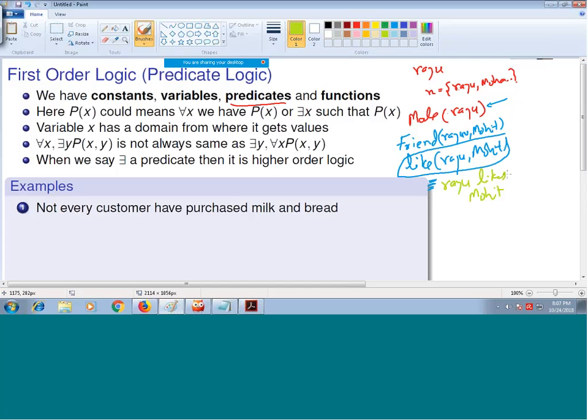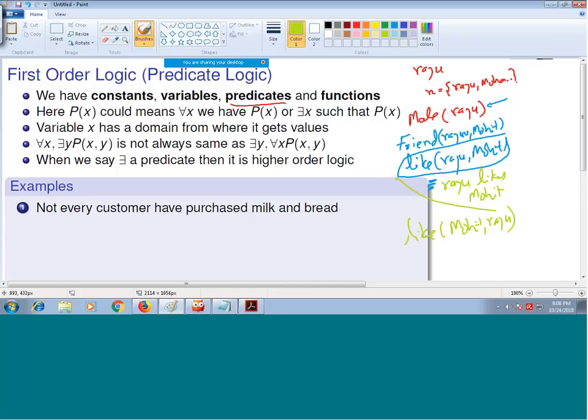Now if I ask whether like Mohit Raju is true or false, can you tell me? If I say like Raju Mohit, can you tell that like Mohit Raju is also true? No, there is no way, because I cannot say that it's false, but I cannot say it's true either, as there is no such information. So you should be cautious whenever you write like this, that this particular thing may not be true.